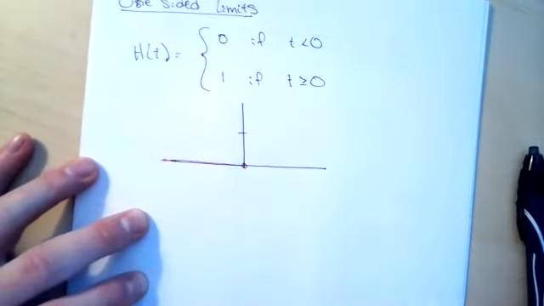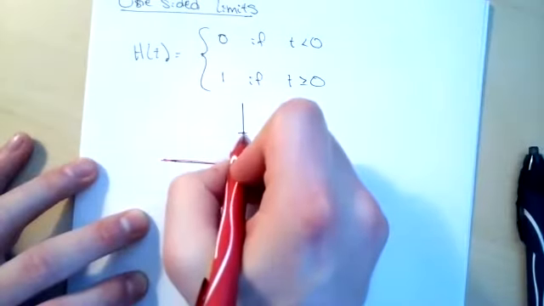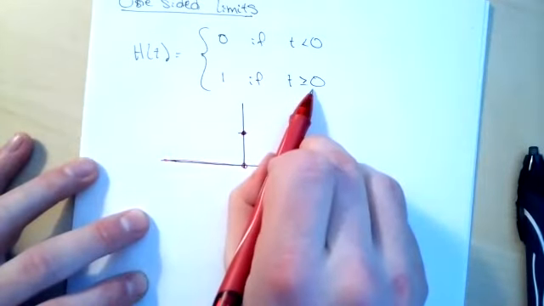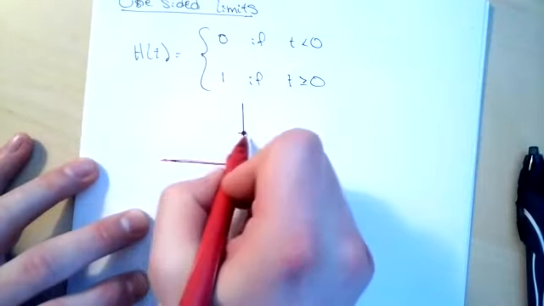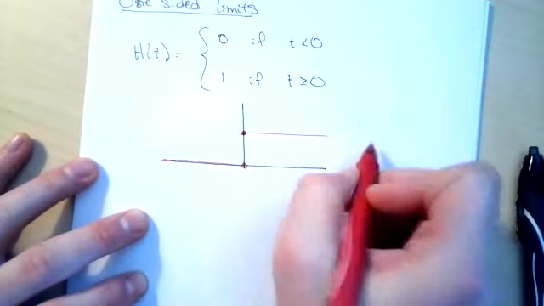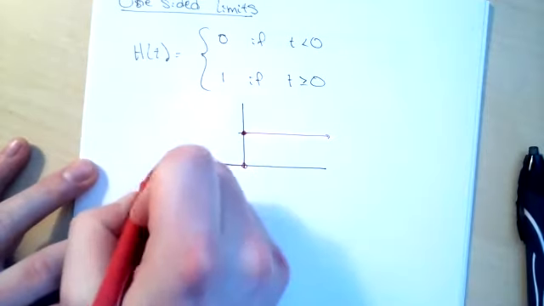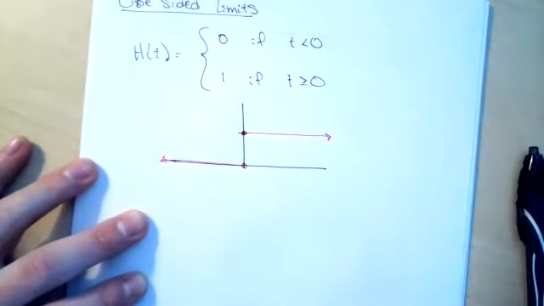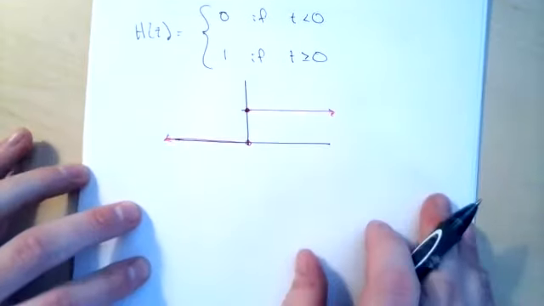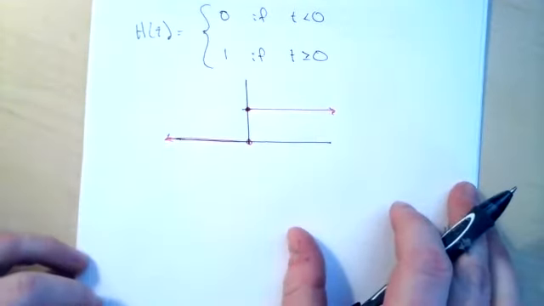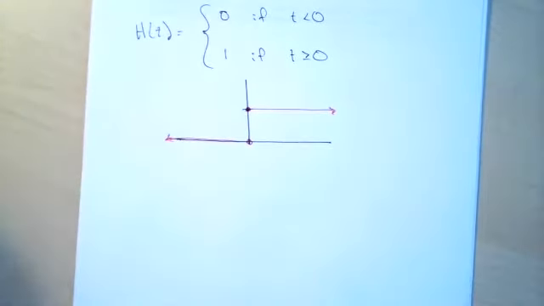We'll have a hole in the bottom part, and then we'll be at 0. Our function value is 1, and then for any t value bigger than that, we'll still be at 1. So this is our Heaviside function, and we can now define our one-sided limits.